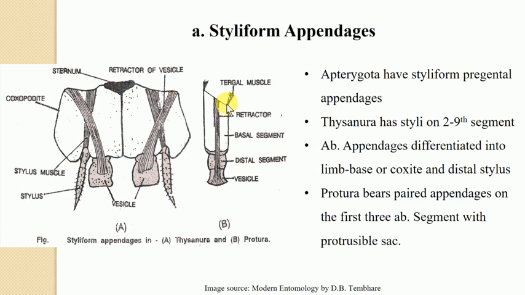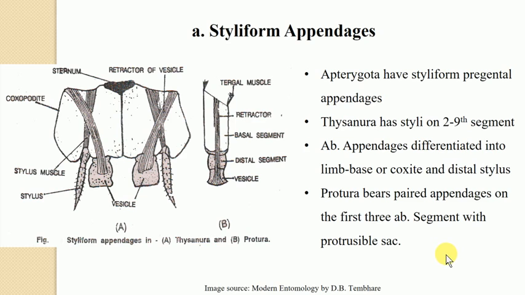So you can see this kind of protrusible sac. The Protura bear a pair of appendages on the first 3 abdominal segments with such protrusible sacs, which contain tergal muscles, with the help of which these vesicles can come out.